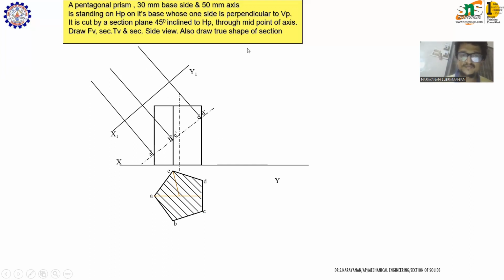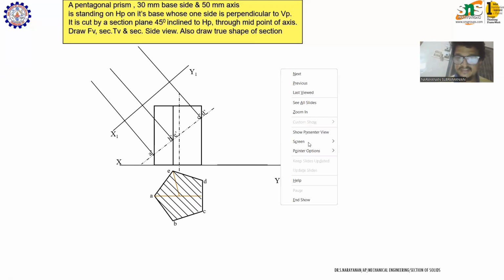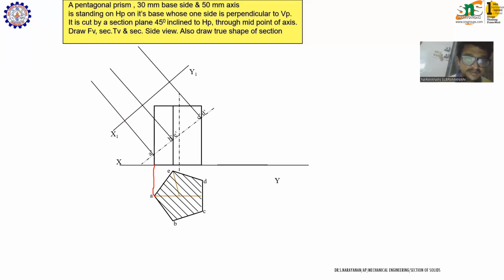Now, A should come on this line. So you have to measure the distance from this XY to A, and reproduce the same distance here, like this. Similarly, you have to measure the distance from XY to B and reproduce the same distance here.